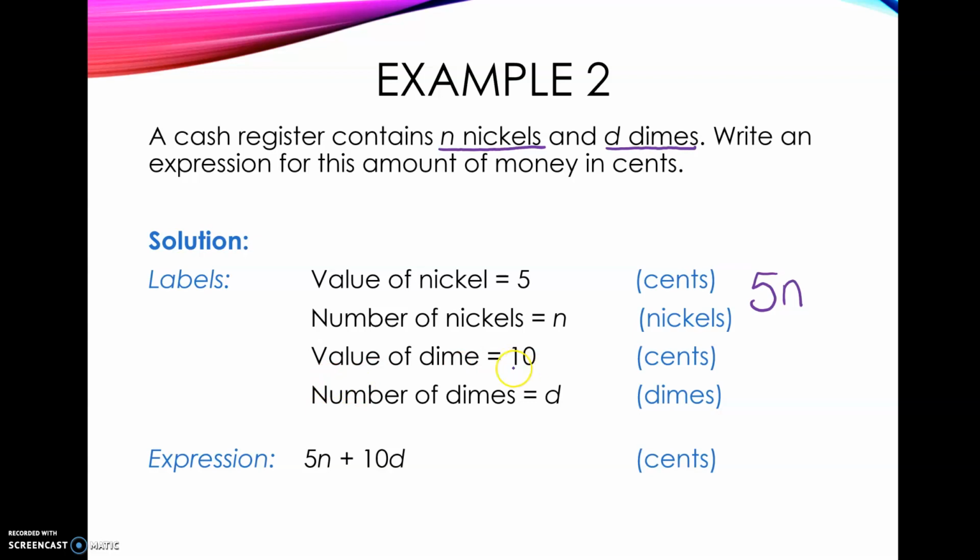The value of a dime is 10 cents. There are D dimes, so 10D is going to give you the amount of money you have in dimes. So if we combine 5N plus 10D, that's going to tell us how much money we have in nickels and in dimes.